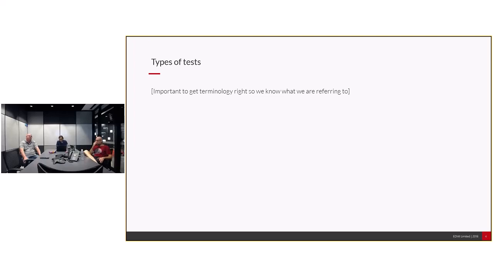So this should be fairly well-known information, but I'll just run through it anyway. A unit test is something that tests exactly one aspect of a responsibility, with responsibility as defined by the single responsibility principle, the axis of change. One unit test will test exactly one aspect, no more, no less.